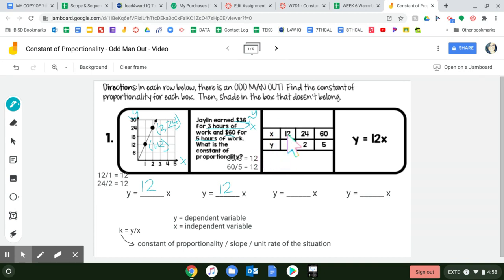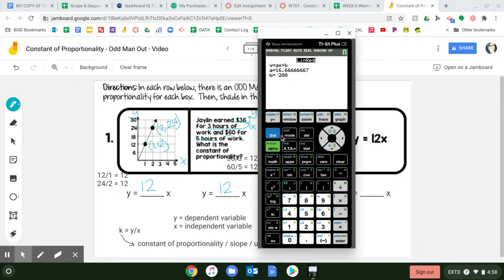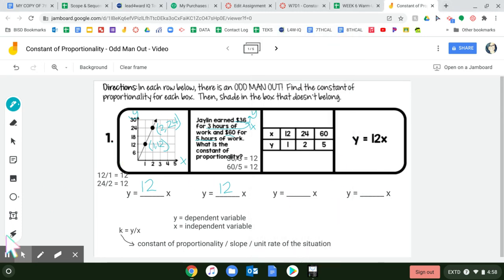So 1 divided by 12, that's actually something I don't know off the top of my head. So let's do it right here. 1 divided by 12 is 0.08. So right here, my y divided by x is 8 hundredths.